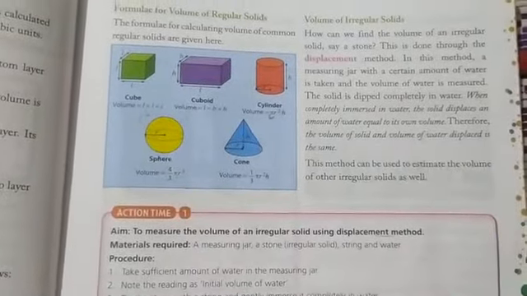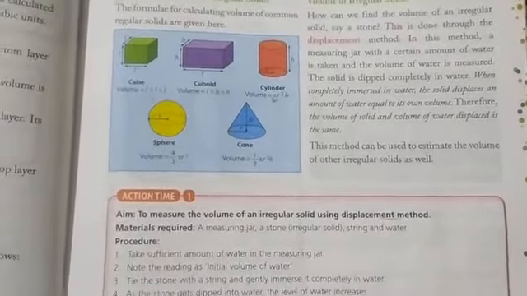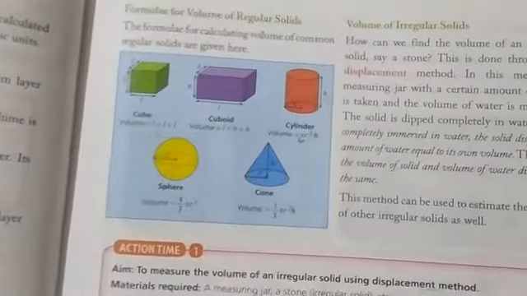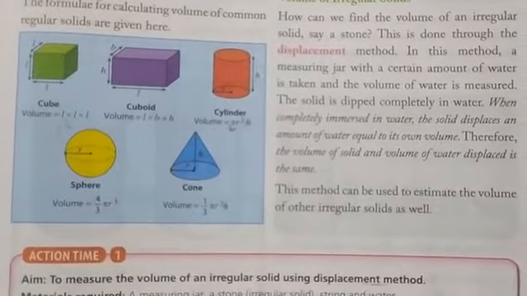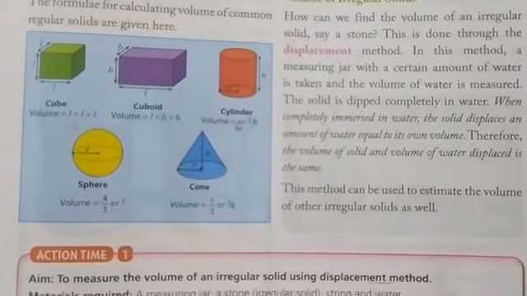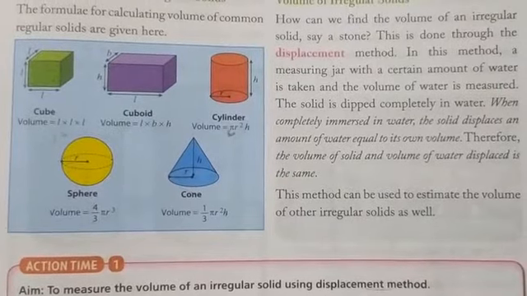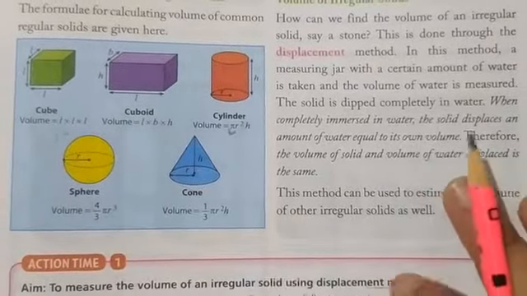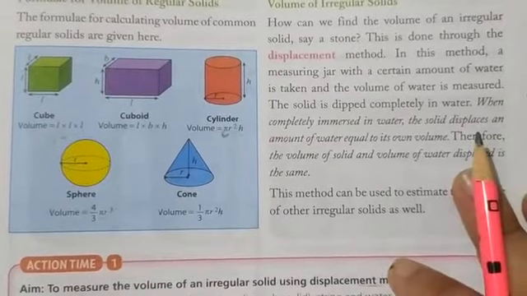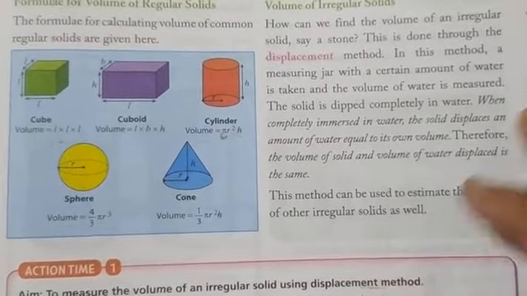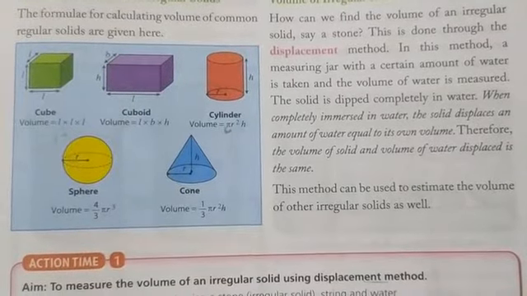Next, how can we find out the volume of irregular solids? The volume of irregular solids can be found by using indirect methods, and one of them is the displacement method. So in this method, what is done? We take a certain amount of water in a measuring jar, and then we measure the volume of the water in the measuring jar.